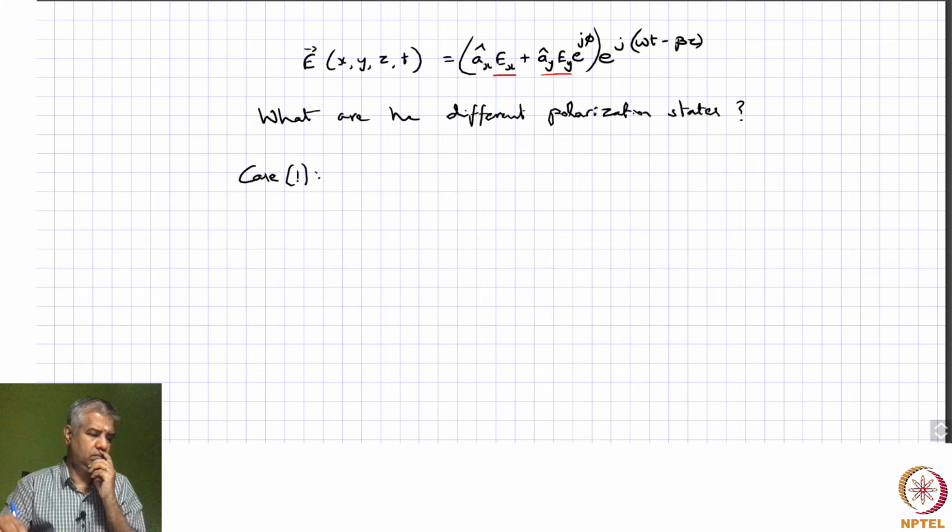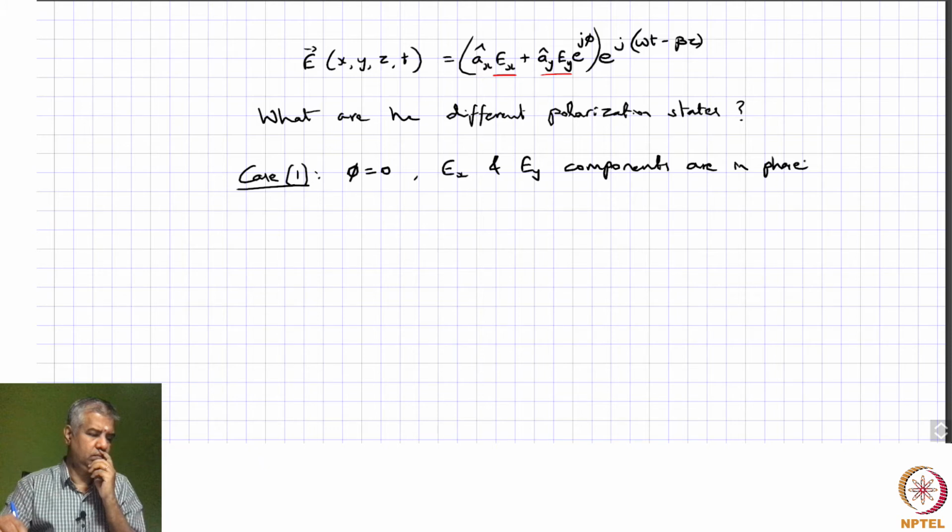Okay, so this is the polarization, and it describes a line as it's propagating. So this is what you call linear polarization, and that makes an angle theta with respect to the x-axis, where theta is tan inverse of Ey over Ex.